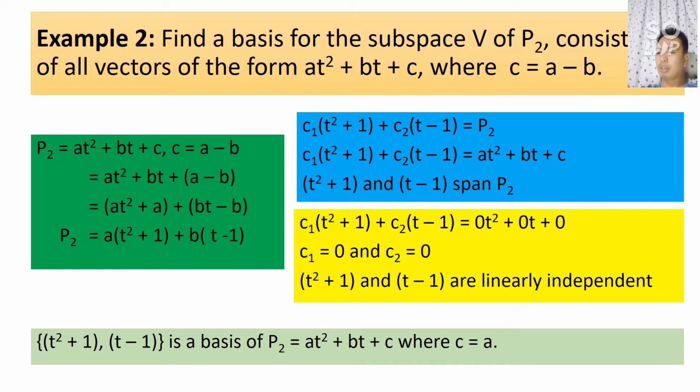Substituting, we have at squared plus bt plus a minus b. Regrouping with a's then b's, we have at squared plus a plus bt minus b. So we have a times the quantity t squared plus 1, plus b multiplied by the binomial t minus 1.